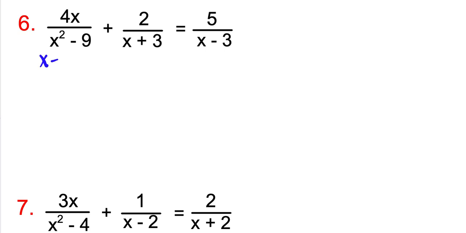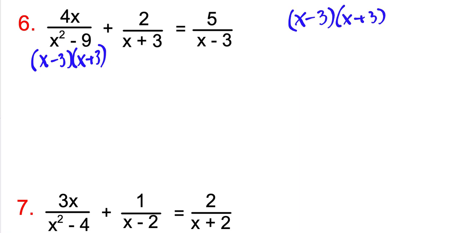So this is going to factor to x minus 3, x plus 3. So if I'm looking at this denominator and these, I need both an x plus 3 and an x minus 3 to be the common denominator. Again, if you need to write it off to the side, you can, but this is what we need in the bottom.